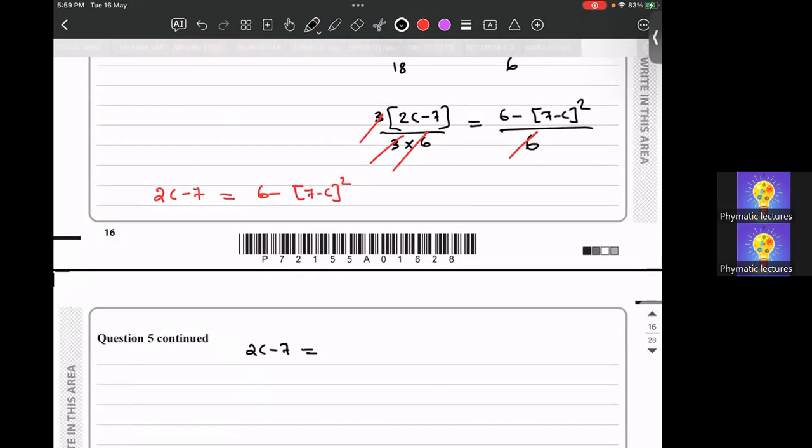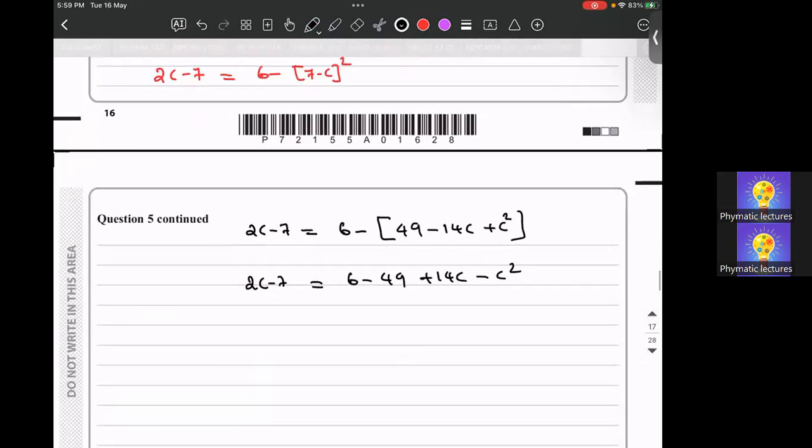So 2c minus 7 is equal to 6 minus, expanding the bracket, (7 minus c) whole square is 49 minus 14c plus c square. So 2c minus 7 is equal to 6 minus 49 plus 14c minus c square. Bring all the terms to one side so that it becomes a beautiful quadratic equation: c square plus 2c minus 14c minus 7 minus 6 plus 49 is equal to 0.